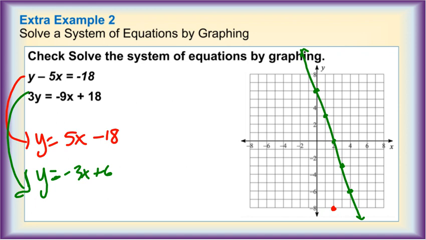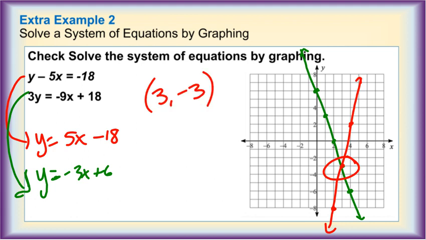So 3, negative 3 would be here. If I did one more, 5 times 4 is 20, minus 18 is 2. So 4, 2. I can draw my line. See, they meet here, so their solution would be 3, negative 3.